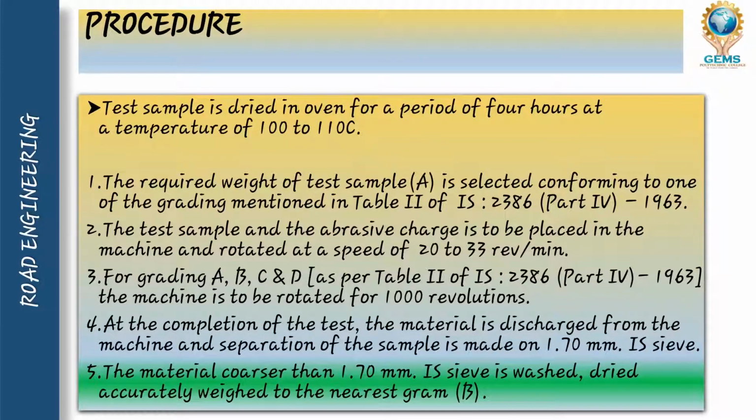As per grading, the revolutions will be preferred, that is, according to the grade how many revolutions we should apply. At completion of the test, the material is discharged from the machine and separation of the sample is made on 1.70 mm sieve. The material coarser than 1.70 mm IS sieve was dried and accurately weighed to the nearest gram, that is B.